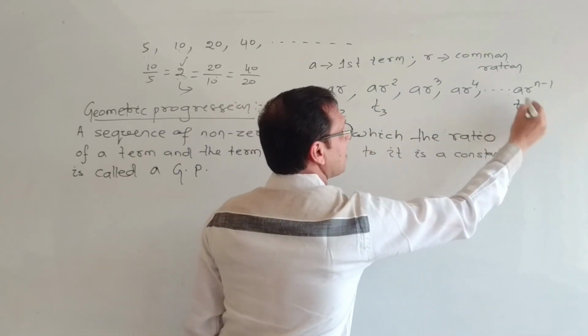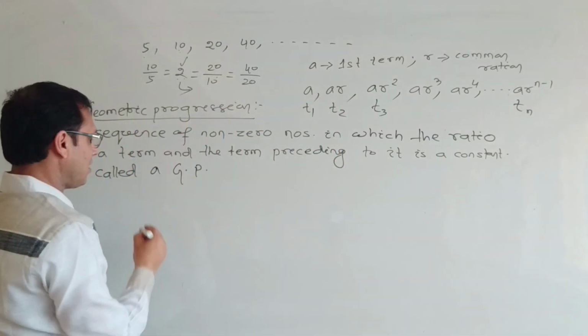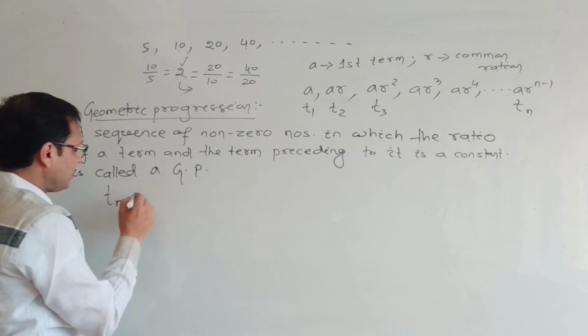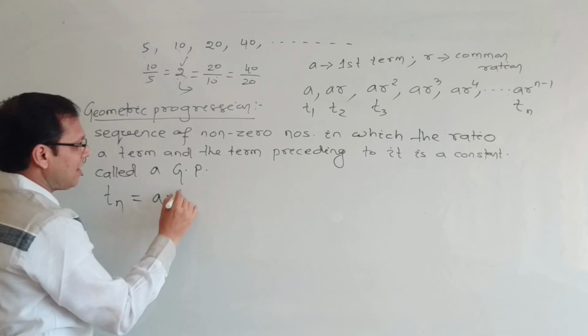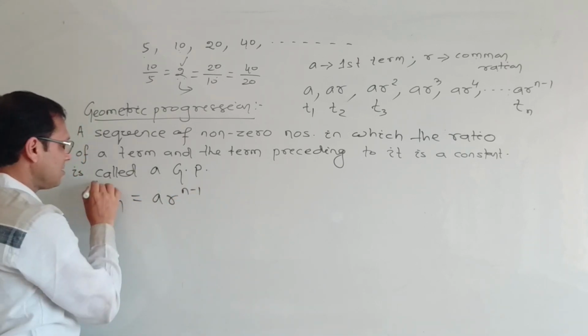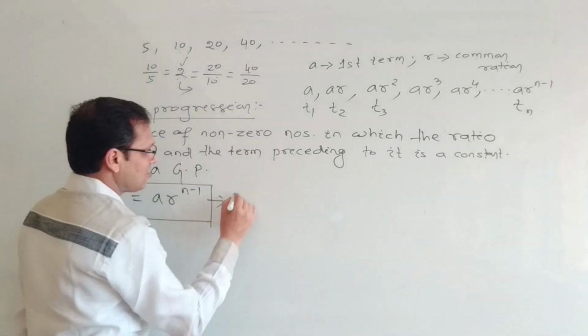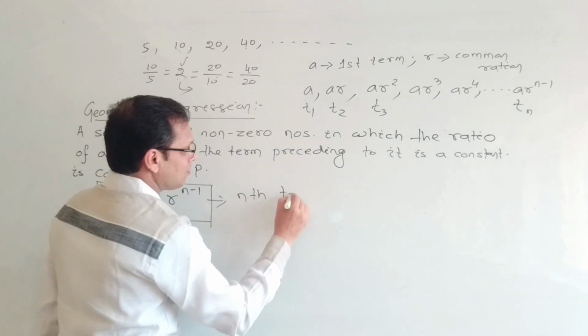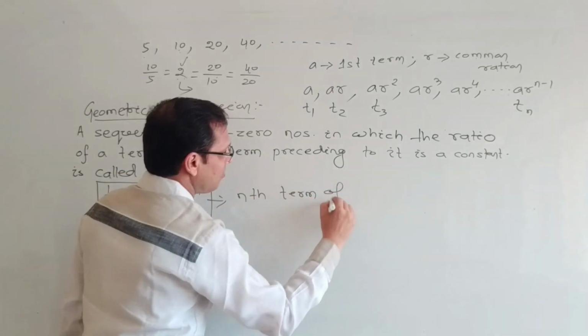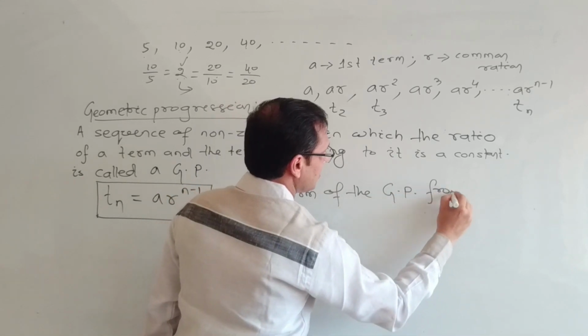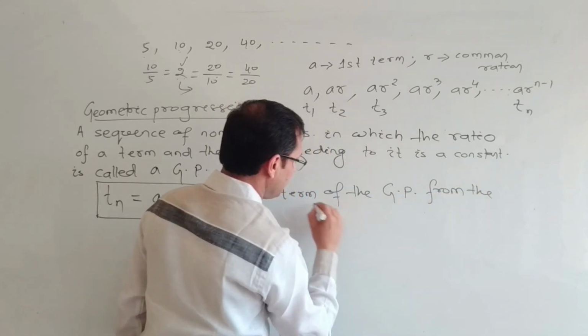So Tn is equal to AR to the power n minus 1. That's why the general term can be found by the relation Tn equals AR to the power n minus 1. This is the nth term of the GP from the beginning.